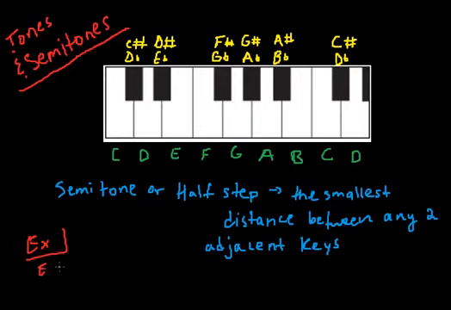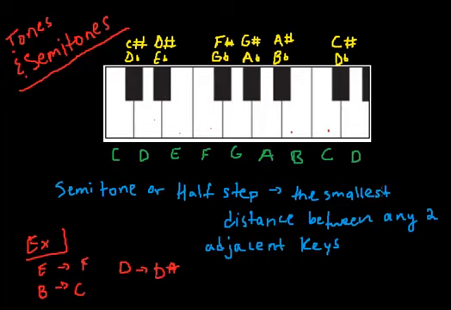Would be between E and F is a semitone, between B and C is a semitone, and between D and D sharp. Right, so between here and here, or here and here, or here and here. So it's just adjacent keys, right?